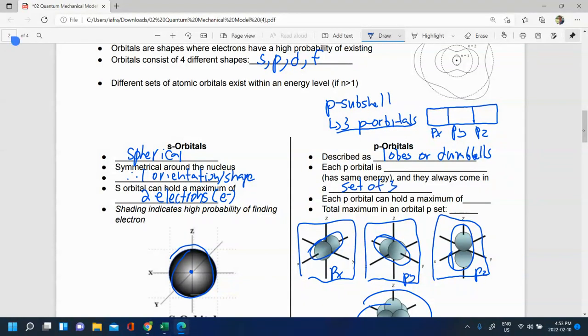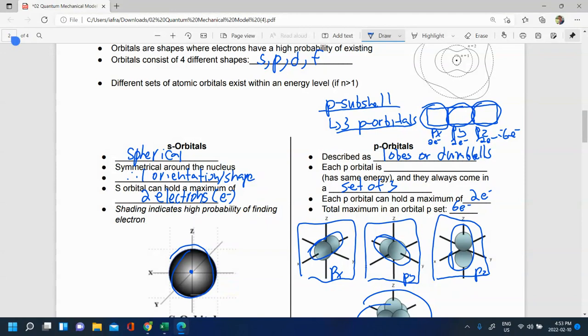Each orbital in the subshell can hold 2 electrons. This can hold 2 electrons, this can hold 2 electrons, and this can hold 2 electrons. Which means the entire p subshell can have a maximum of 6 electrons.